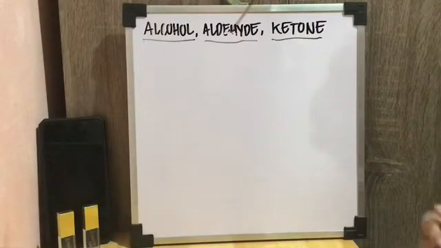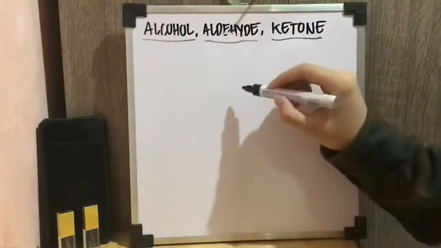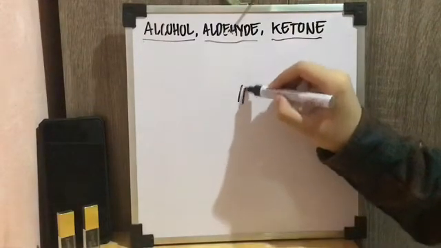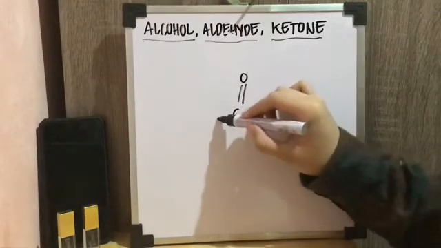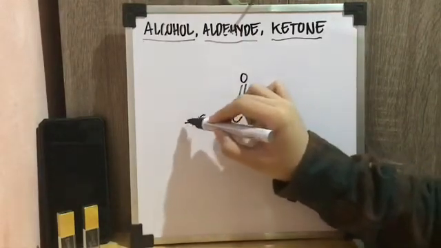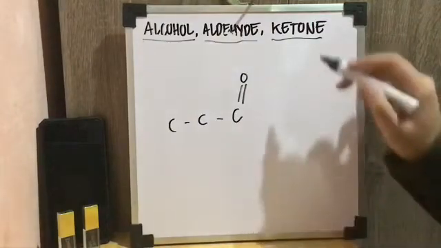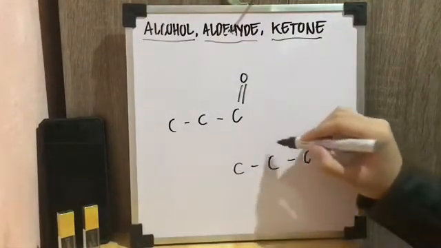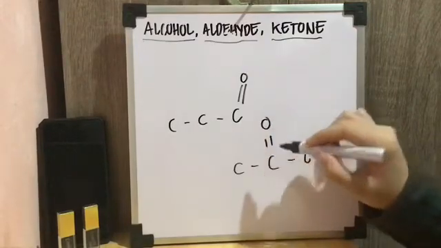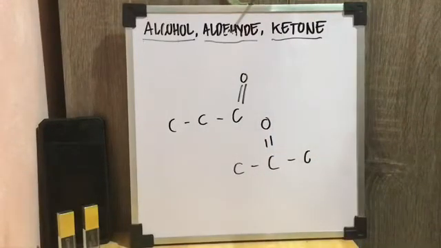In aldehyde the double bonded oxygen is connected to the first carbon, while a ketone has the double bonded oxygen in one of the middle carbons. That is their striking difference.